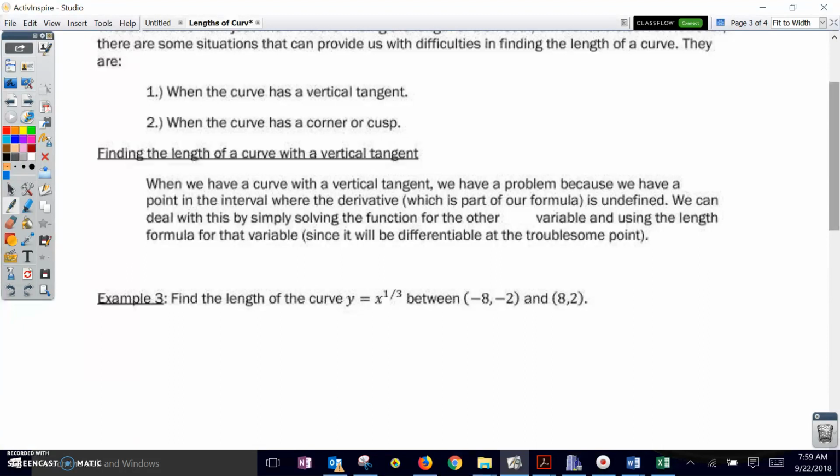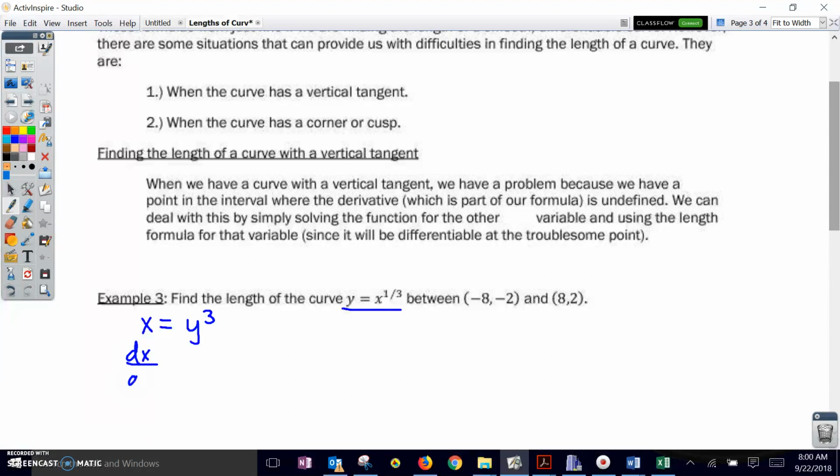So whenever we have a vertical tangent, usually the best scenario for us is just go ahead and solve this equation for the other variable. We get x equals y to the third, and then handle finding the arc length in terms of y instead of in terms of x.